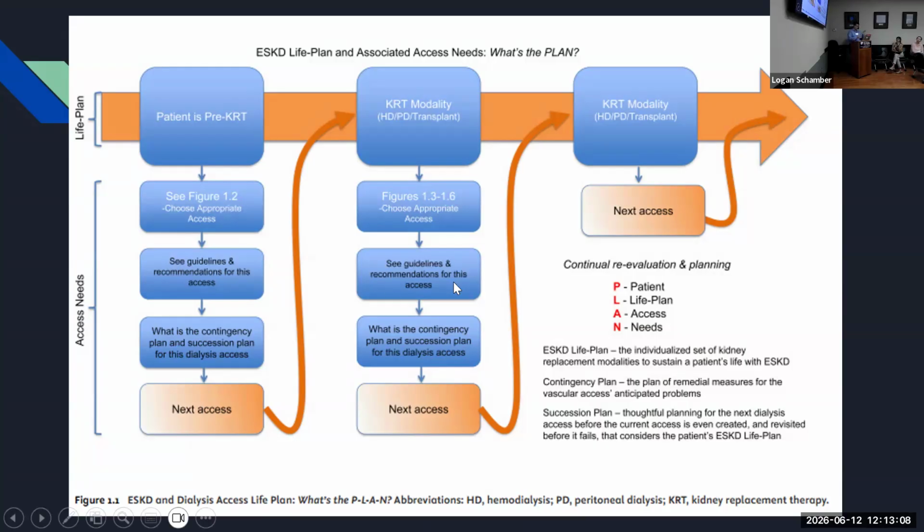This is an update from the previous KDOQI guidelines, which focused primarily on placing fistula first, asking questions later. This 2019 approach changed that, and it now becomes more of an individualized approach in conjunction with the patient's plan for their life and what they want out of their life. This philosophy, in essence, is trying to achieve the goal of placing the right access for the right patient at the right time, and also for the right reasons.